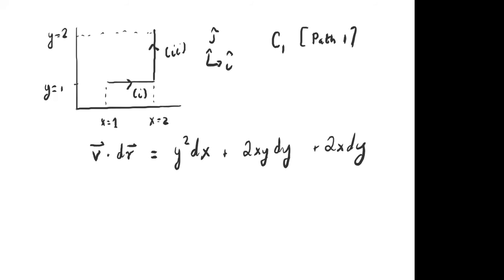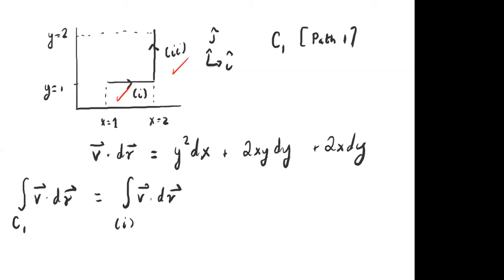What I have to do now is evaluate this line integral over C1. And there are two parts. One is over the path I, and one is over the path double I. I sort of broke it up into two parts.